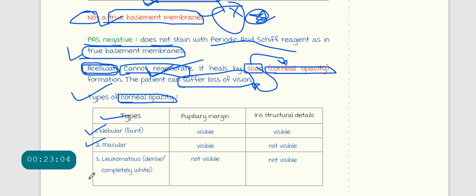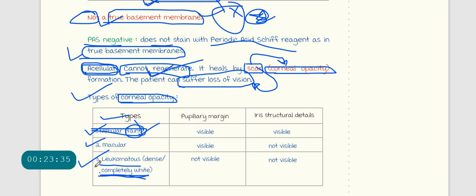Basically, not completely whiteness, it has not gone due to scar, there is a faint vision. The complete white scarring is seen in the leucomatous type. In leucomatous type of corneal opacity, you can see complete vision is lost, and the pupillary margins have completely gone.